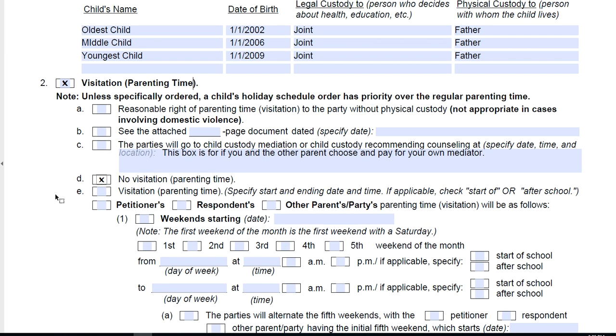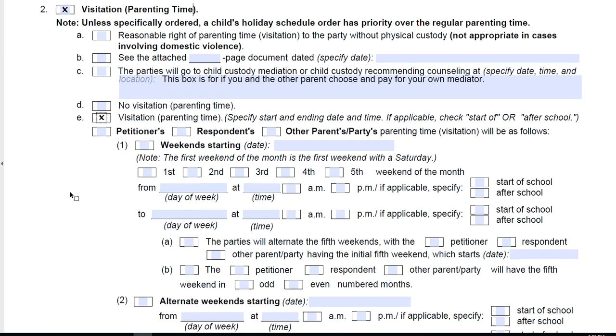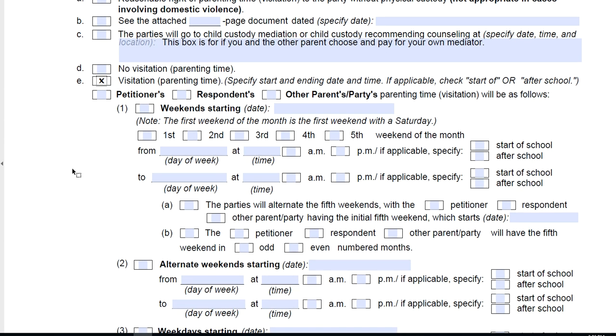Okay. The next box, E, goes along for some time, and let's work through it together. So, the first thing is to decide who this schedule is for. In our example above, we put in that father had physical custody and that visitation would be with mother.